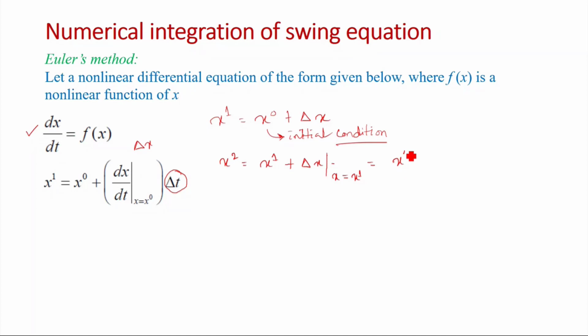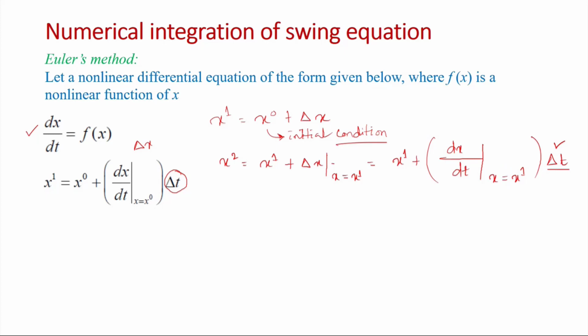So I can write it as x1 plus dx by dt evaluated at x equal to x1 into delta t. So delta t is your step. It is very important to choose the time step. As the time step becomes very small, your response will be very accurate, but it will take a lot of time for solution.